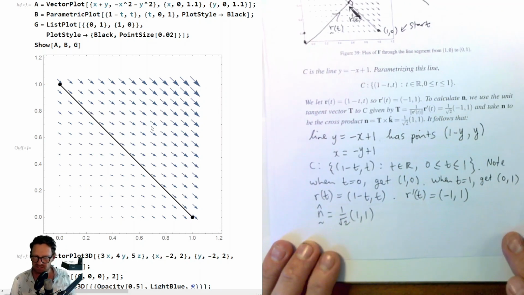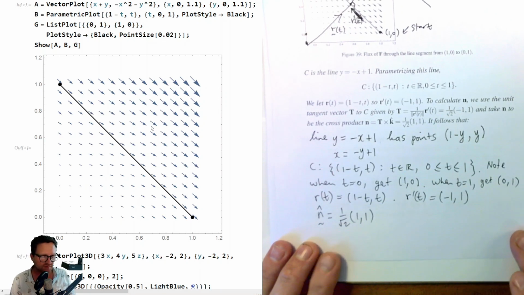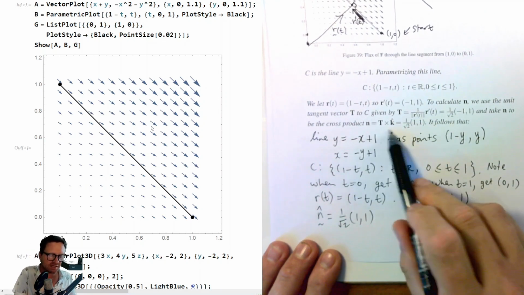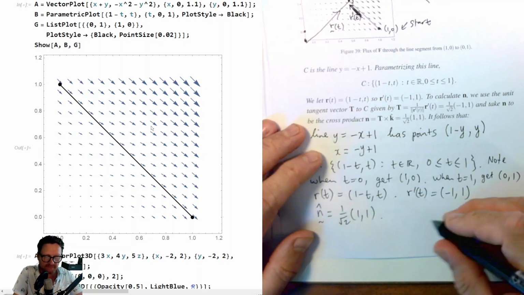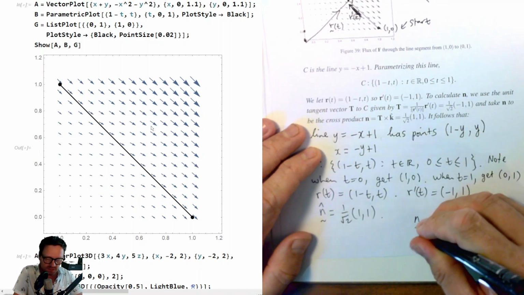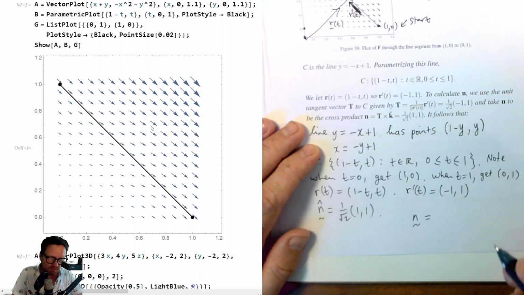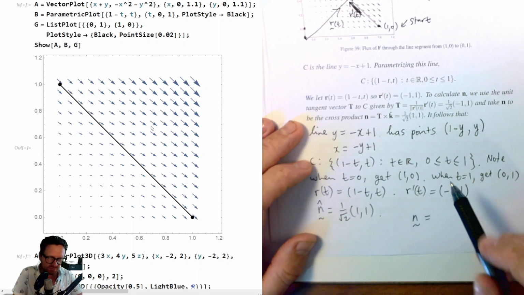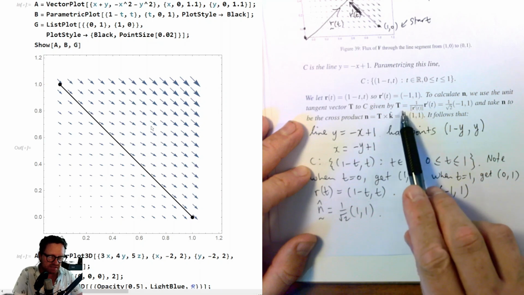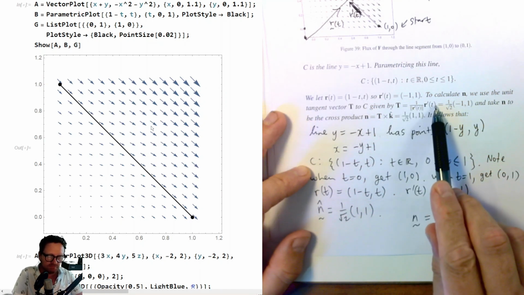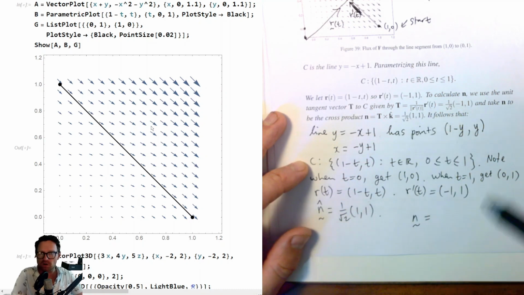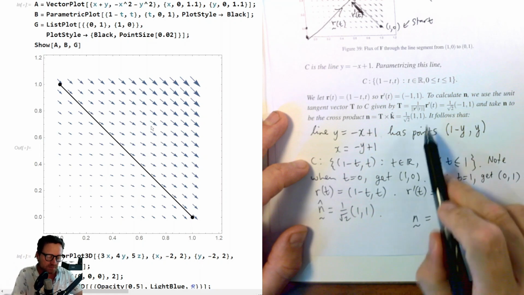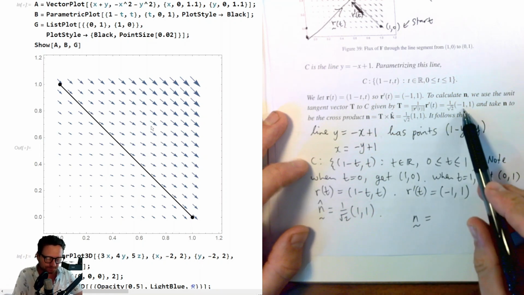Okay, so I've got those three things, so I can now calculate the flux. And incidentally, I can calculate that using a cross product as well. So let's go ahead and do that just to show you. So we can calculate the cross product. Now this is a unit vector that is parallel to the curve at some given point where t gives the point. So it's given by this, right?